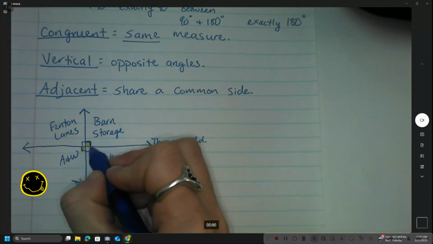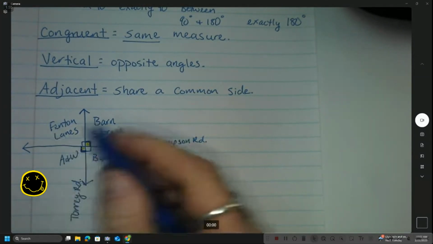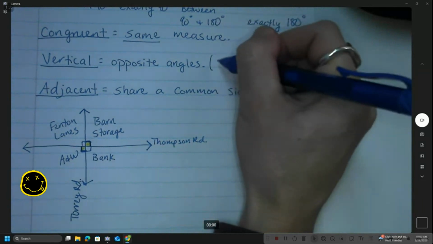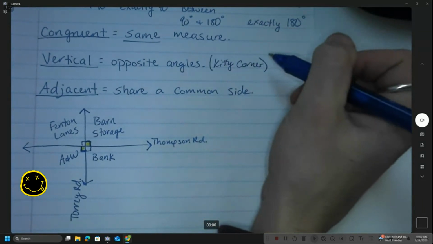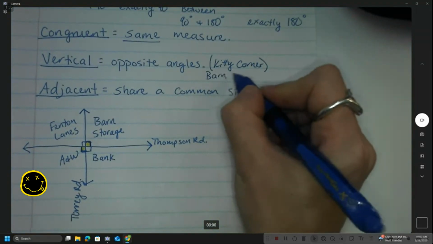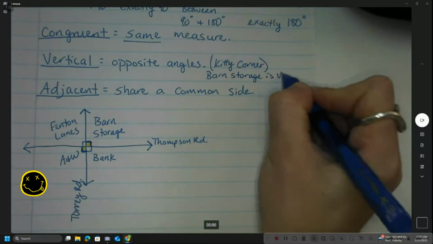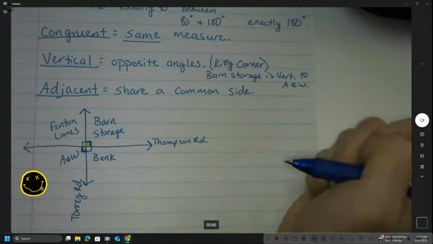The barn storage is opposite of A and W. Okay, you got to walk kind of kitty corner. So maybe also write that in parentheses. It's kitty corner. I'm also going to say the example here of where barn storage is vertical to A and W.